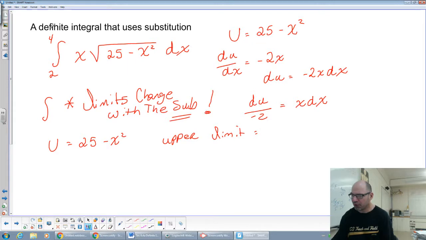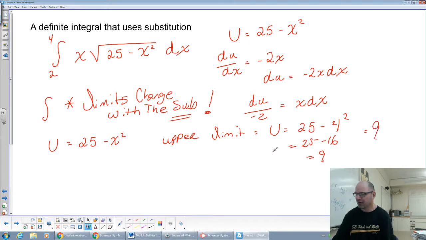Okay, so we've got to put in an x there. x is 4. So our upper limit becomes 9. For our lower limit, x is 2, so we plug in a 2.